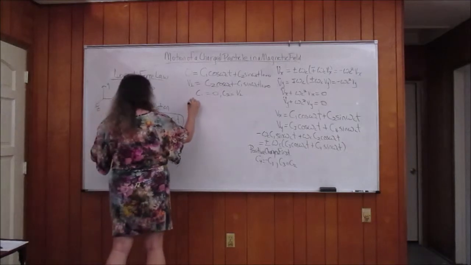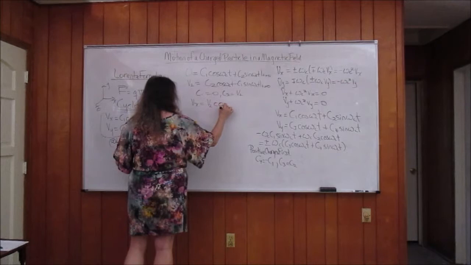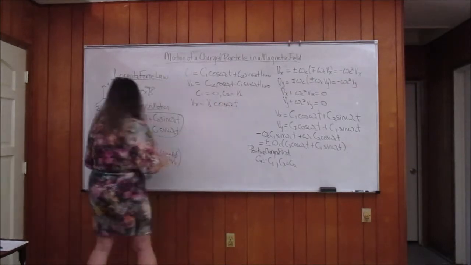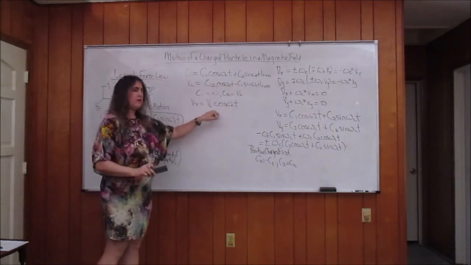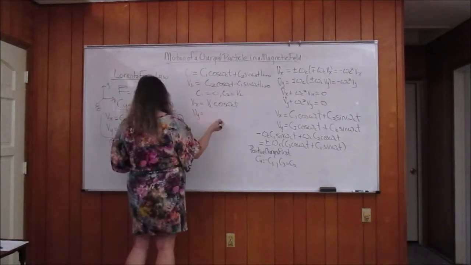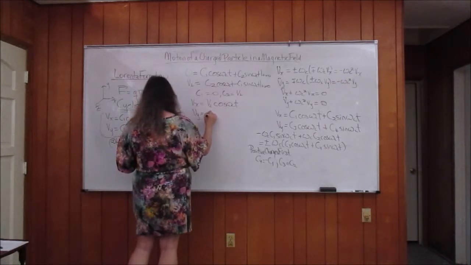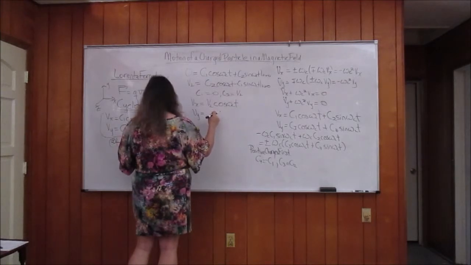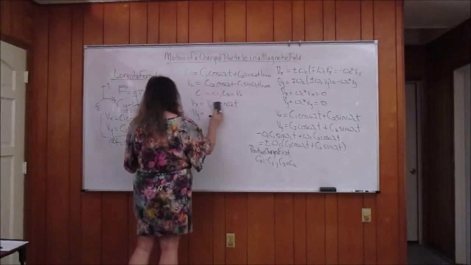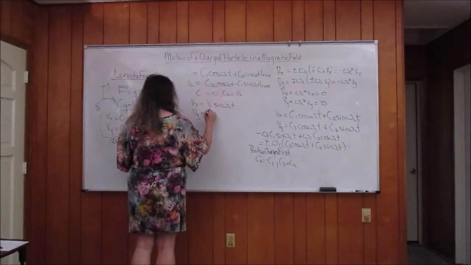So therefore, the x component of the velocity is equal to the speed times cosine omega c times time. And that should be sine omega c times time.